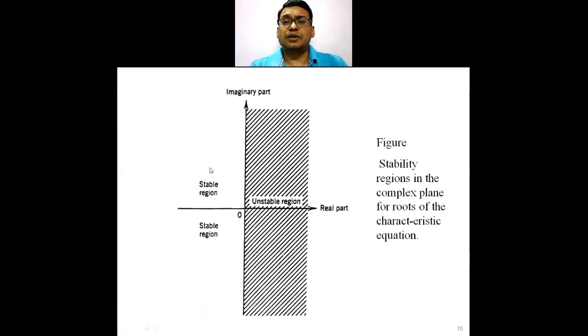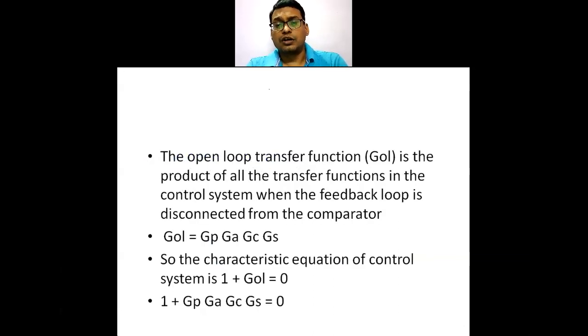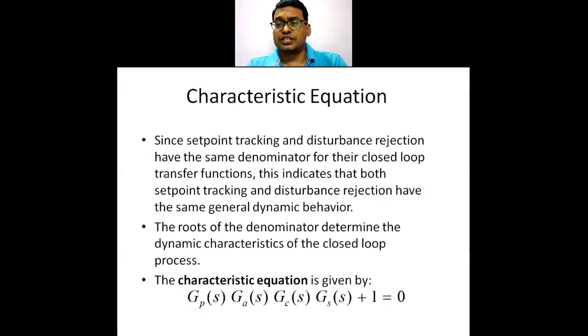And if the roots are on the negative side of the imaginary axis, then the system is stable. So the unstable region and stable region depend on the roots of the characteristic equation. That is what the characteristic equation is concerned with.